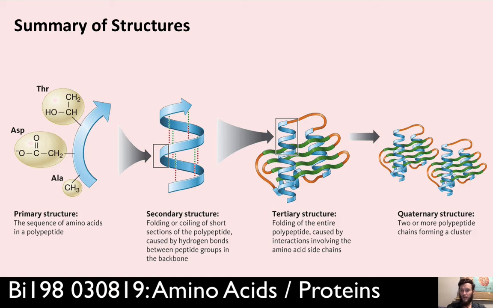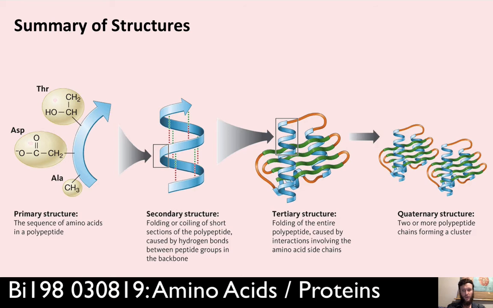Some proteins, and this is a bit of a nuance, not all but some, have multiple peptide chains in their final structure, which interact with one another. So two or more of these polypeptide chains can come together. For example, this is what hemoglobin is.